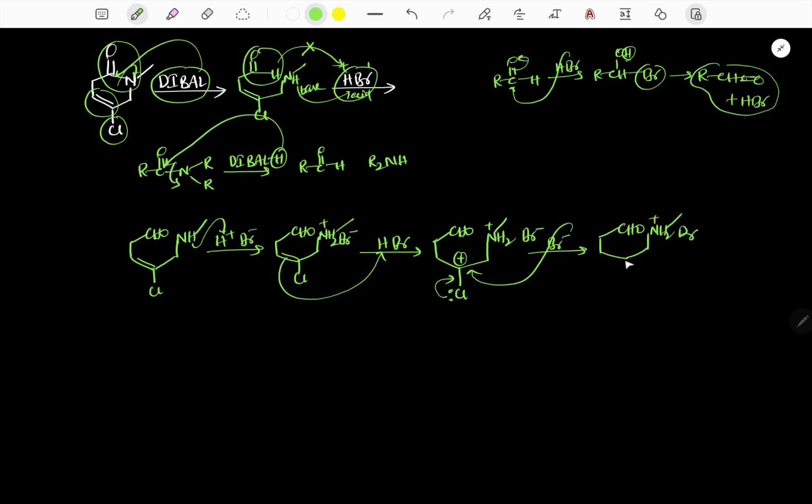So it is our final product. Here simply one is an acid-base reaction, and the other one is electrophilic addition.